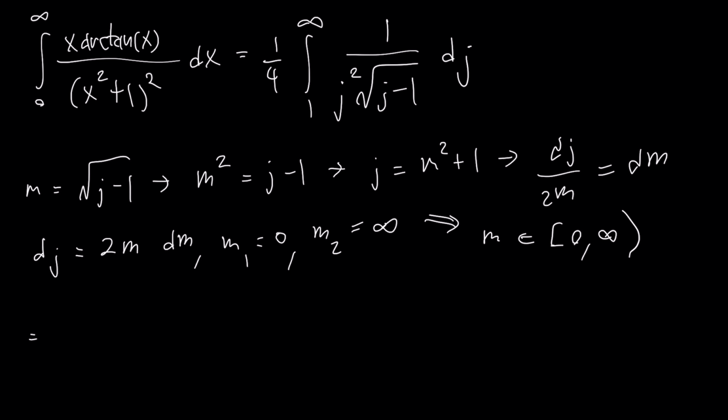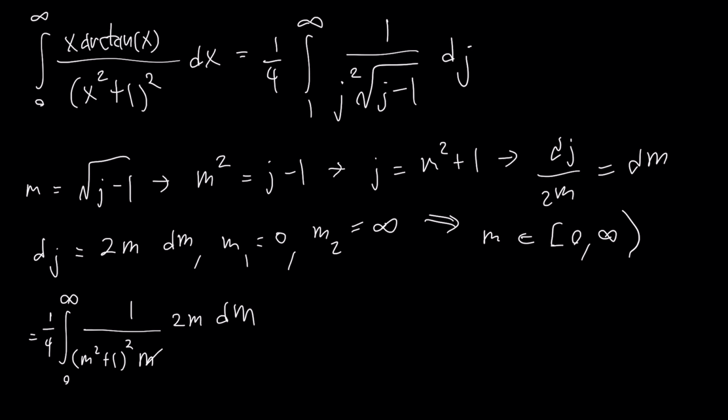And so this is equal to 1/4 the integral from 0 to infinity of 1 over (m squared plus 1) quantity squared times the square root of j minus 1, but that's just m. And we said dj is 2m dm.